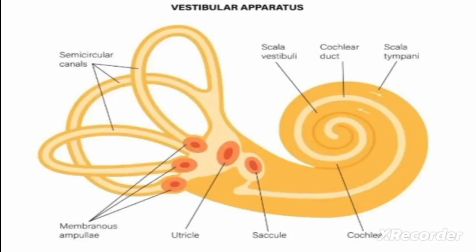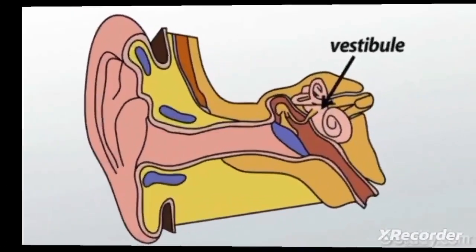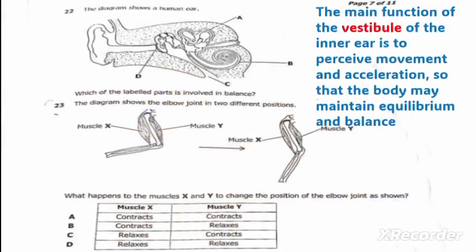These parts are responsible for balance. The main function of the tubes of the inner ear is to perceive movement and acceleration so that the body may maintain equilibrium and balance. So therefore, our correct answer is B.